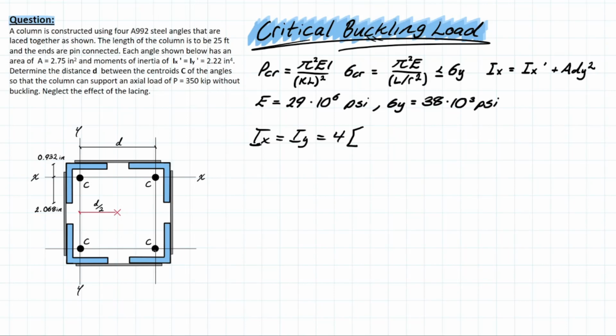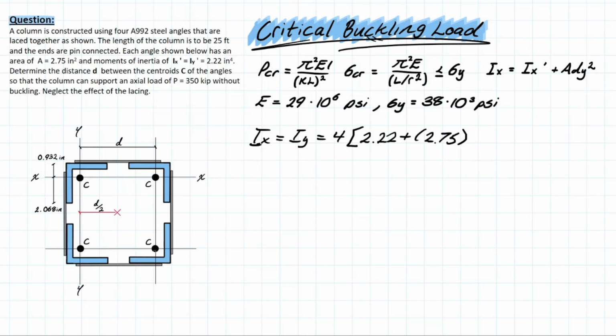We have that inertia value right here given to us, 2.22 for each angle, plus the area of each angle, 2.75. And then we have this dy value or this dx value, depending on whatever the reference is. But that is simply going to be from the centroid of the column, or that reference axis that we've chosen, to the centroid of each of these angles.